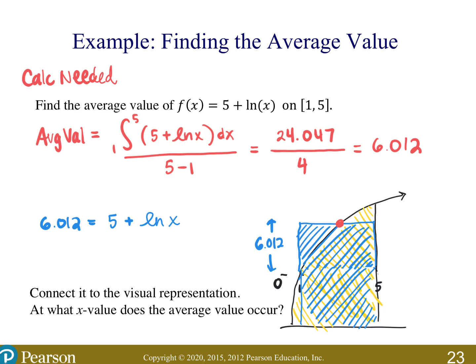Okay, so we'll subtract 5, so that's going to give me approximately 1.012, but of course you have all the rest of the decimals on your calculator. And then how do we finish solving for x? By e? Yeah, okay, we're going to take an e on both sides. So an e on this side and an e on that side. So x is going to be e to the 1.012, but again, you should have all the values stored on your calculator as you're evaluating that.